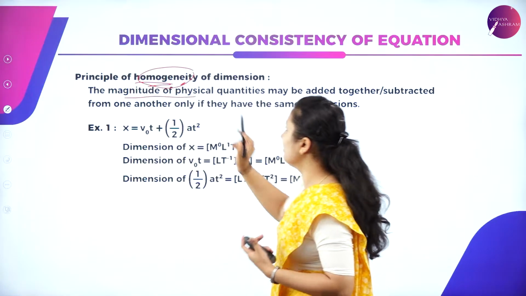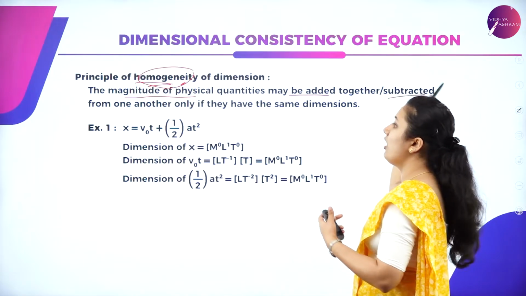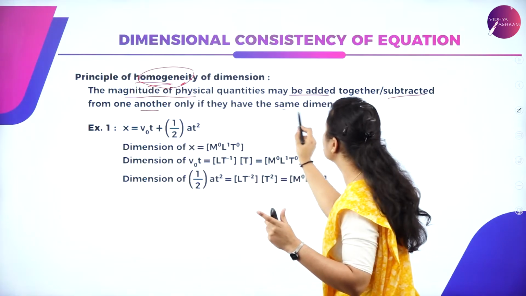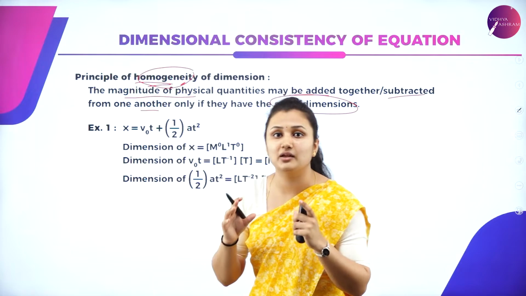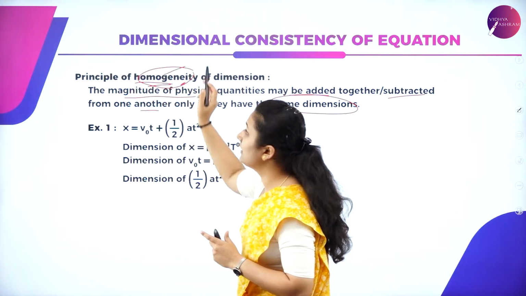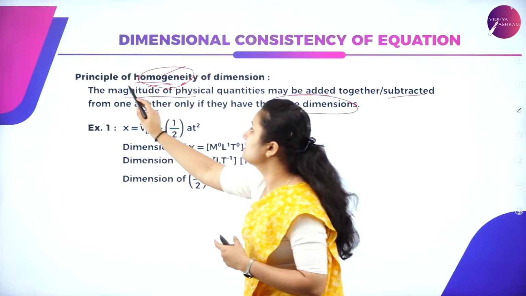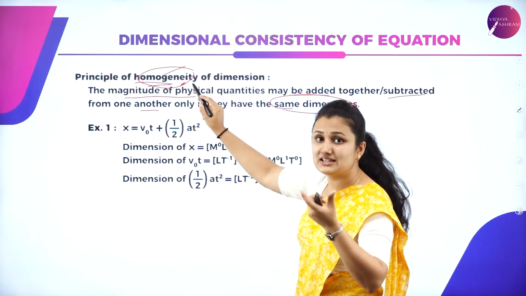The magnitude of the physical quantities may be added together or subtracted from one another only if they have same dimensions. That is what we mean by homogeneity, uniform or remaining same.